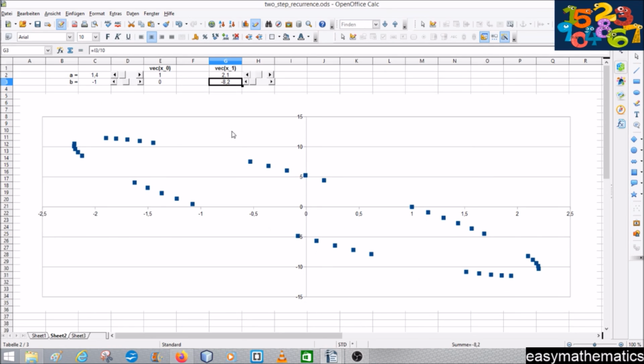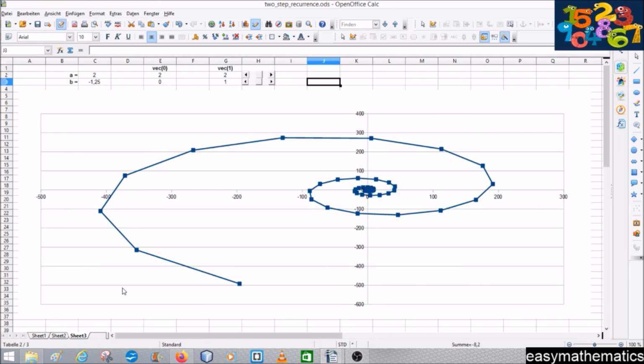So let's check with OpenOffice Calc. You see here's the calculation for the scalar product over x0 squared, and b is minus x1 squared over x0 squared.